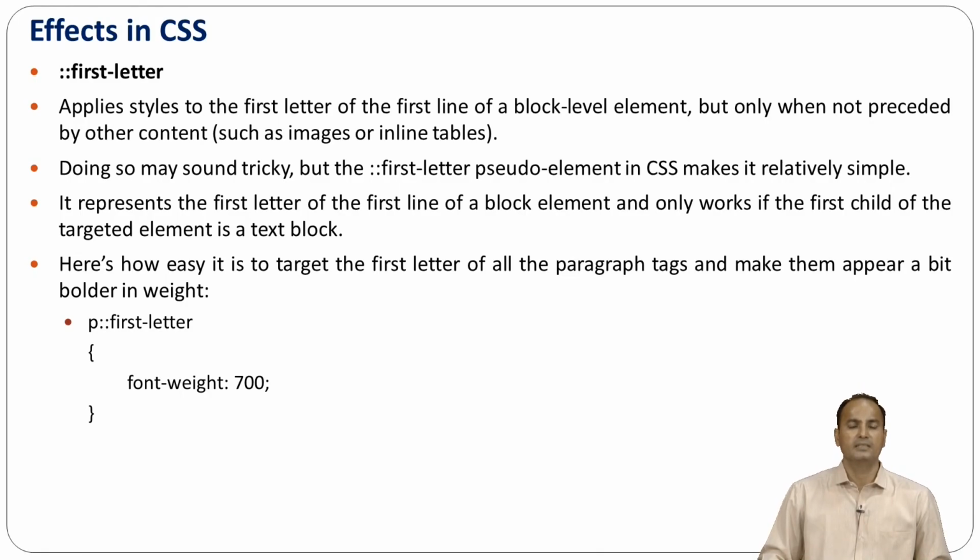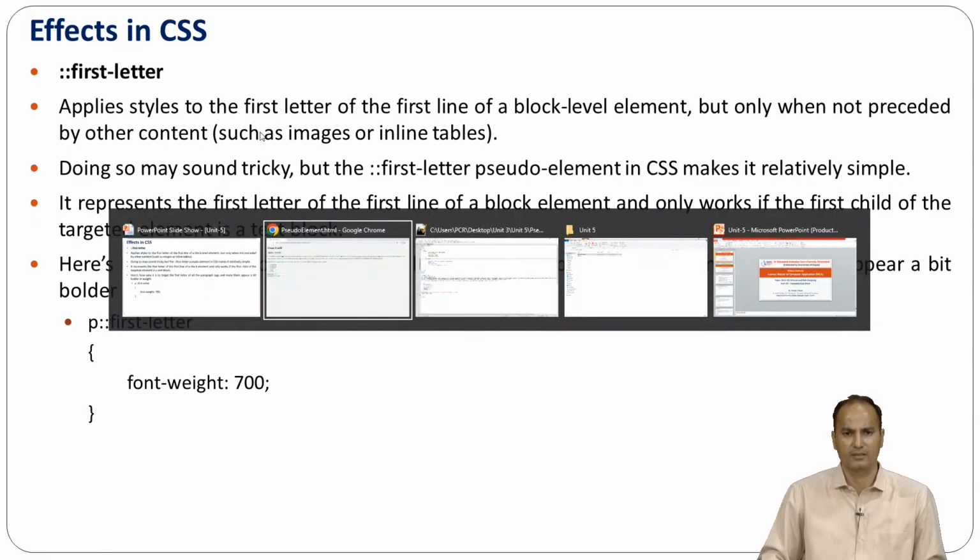Here is how easy it is to target the first letter of all the paragraph tags and make them appear a bit bolder in weight. We can set the weight of the first letter of a paragraph to be heavier, or larger. So this is what we set. Let's try to understand it through a practical example.